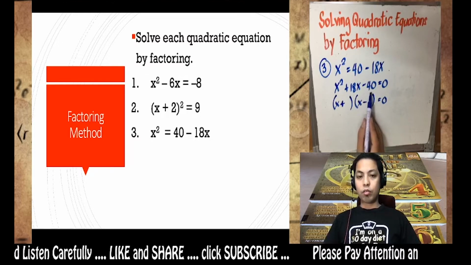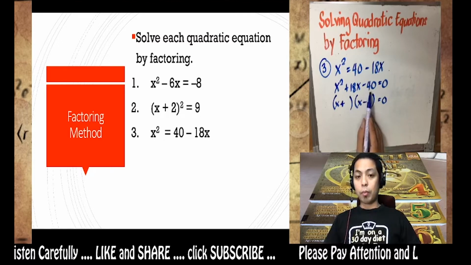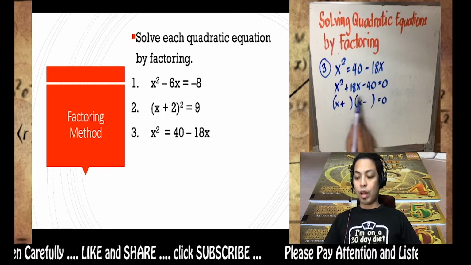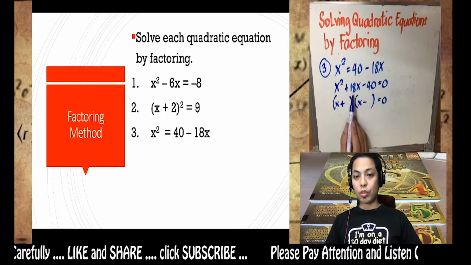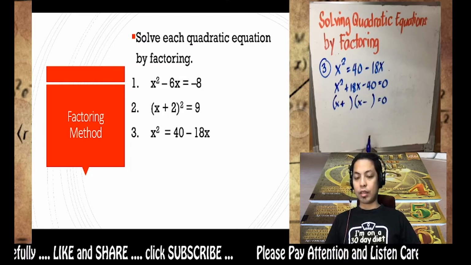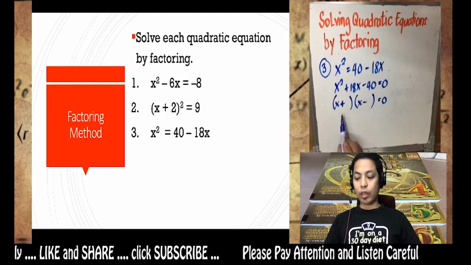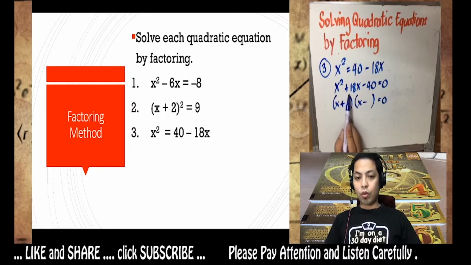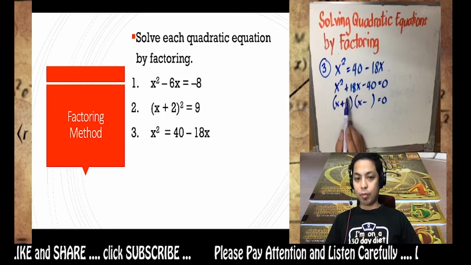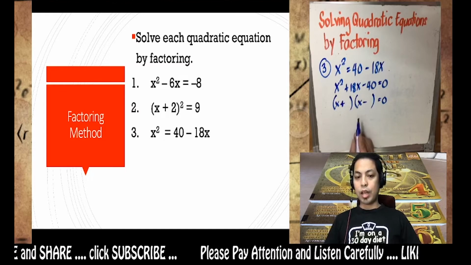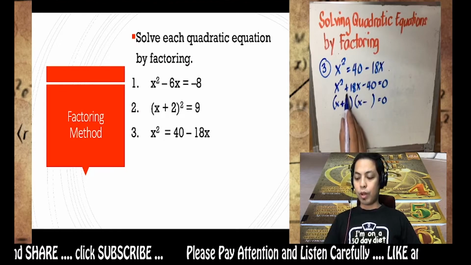So, dito, pwede kong sabihin na 20 times 2 para pag 20 minus 2, 18 ang lalabas. So, saan ko ilalagay si 20? Kung ano ang sign ng linear term. Yung mas malaki, dun mo ilalagay si 20. So, positive.